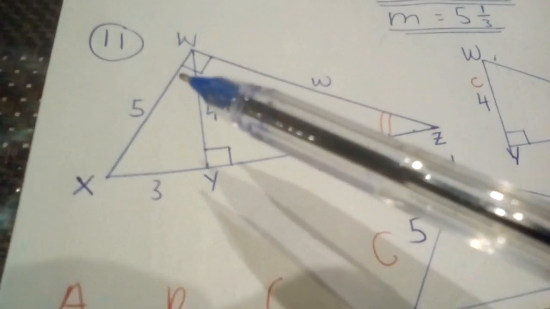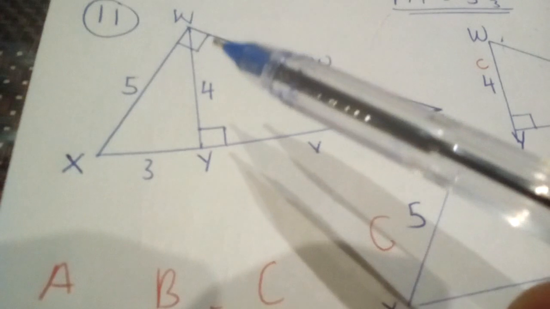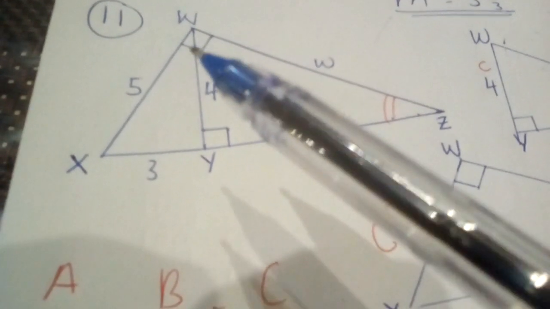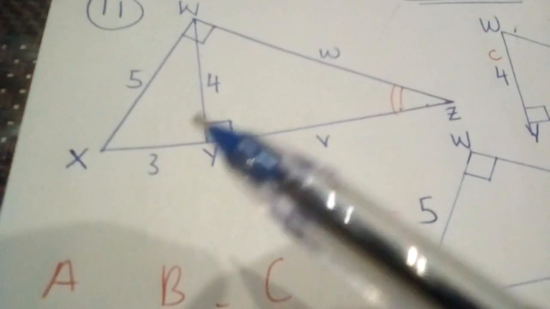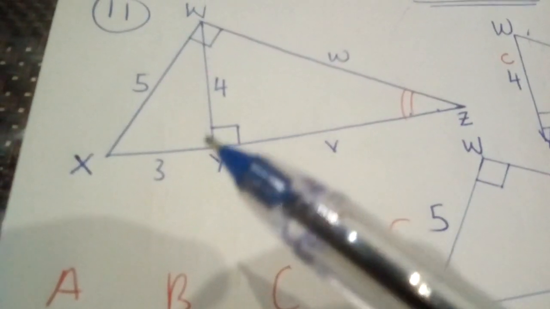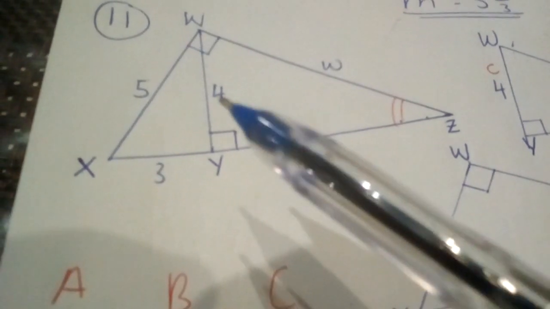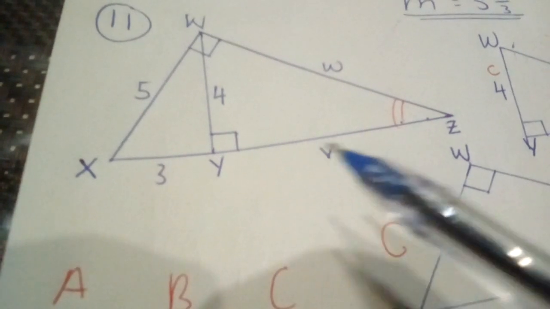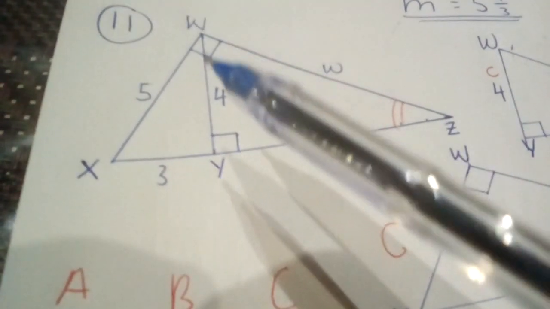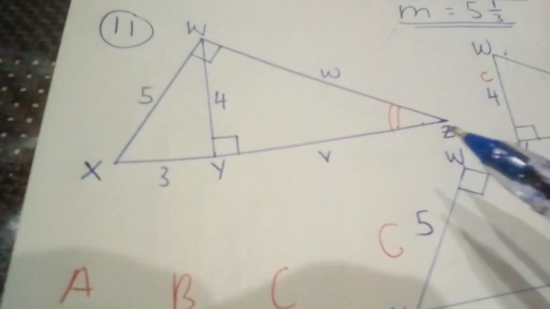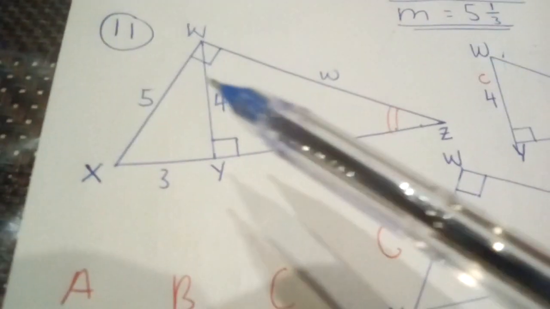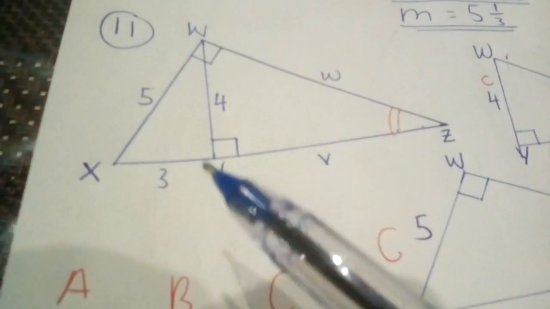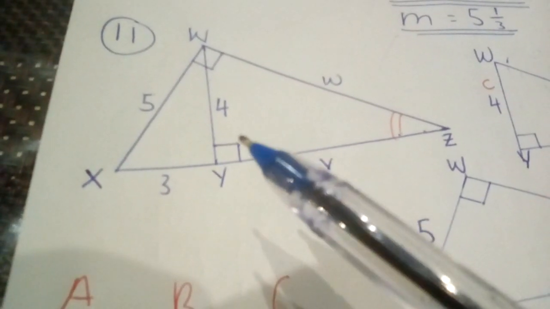But look at the big shape. It has this angle, which looks like a right angle. Meaning, if the bigger shape consists of the right angle, even our smaller triangle will consist of the right angle. Therefore, in this shape, our smaller triangle will be W, Y, Z. Why? Because the whole shape has a 90 right angle, and this smaller one has a 90.